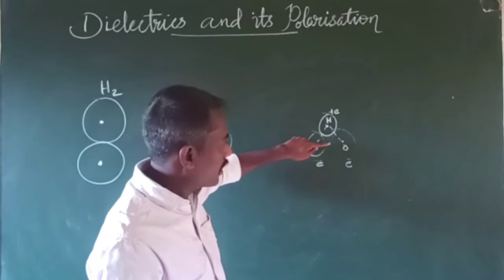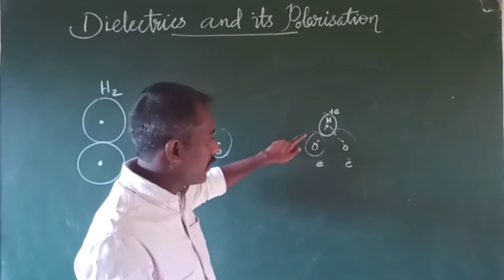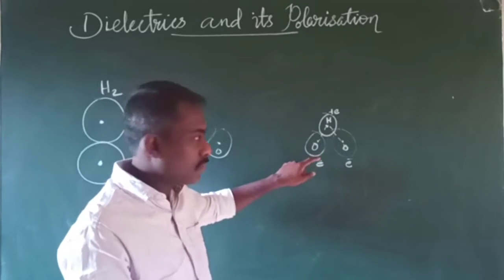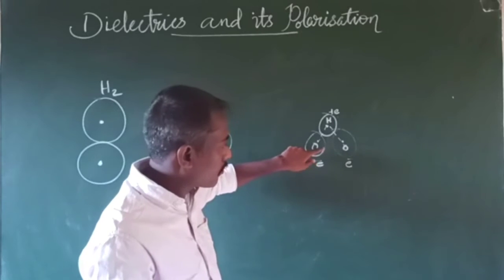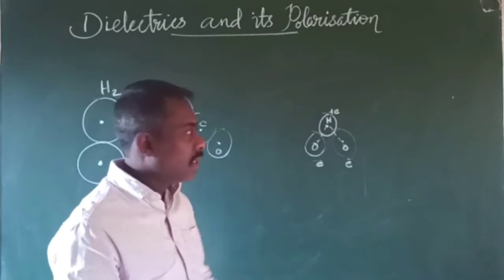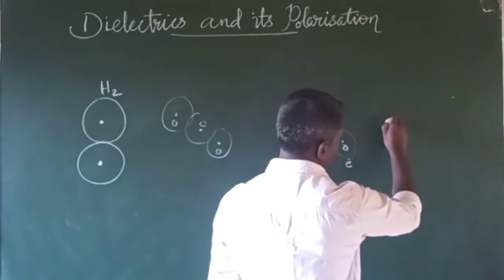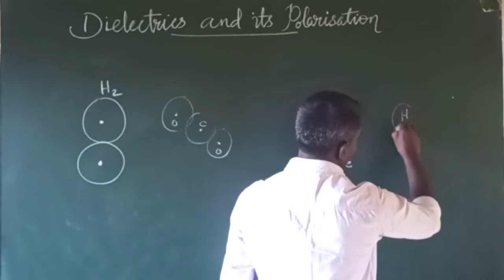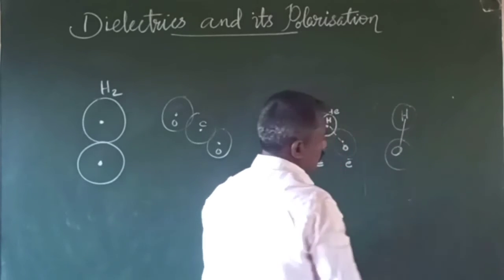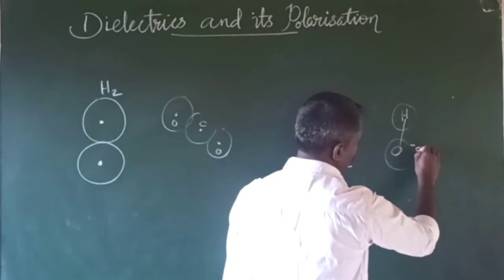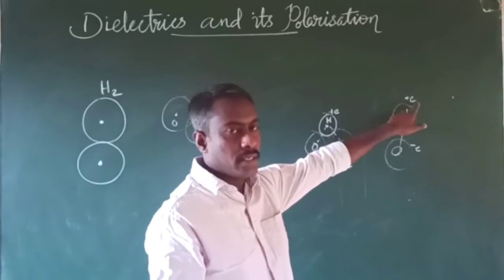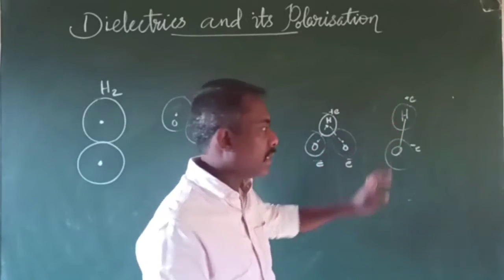Due to this, an electric dipole moment is produced, and the direction of the electric dipole moment is from the negative charge to the positive charge. Likewise in HCl, the hydrogen gives one electron to chlorine, so chlorine gets a negative charge and hydrogen a positive E. The E denotes the charge of one electron.